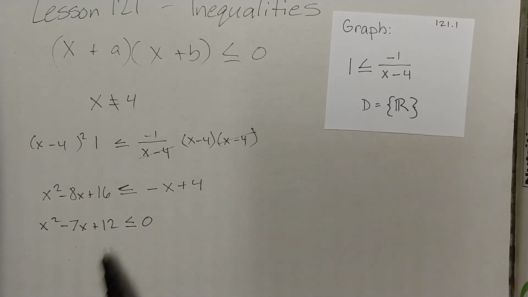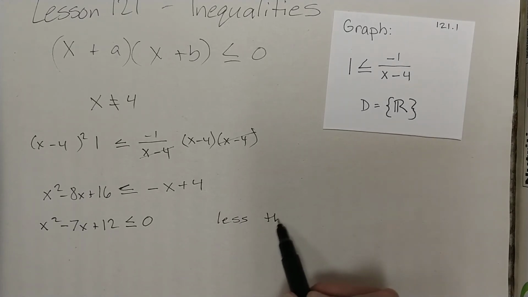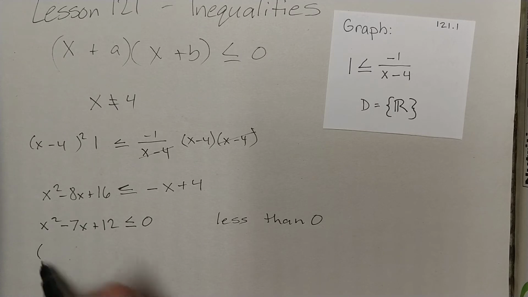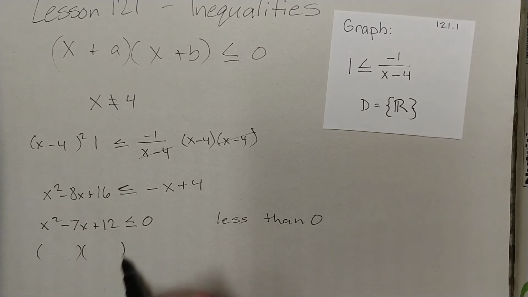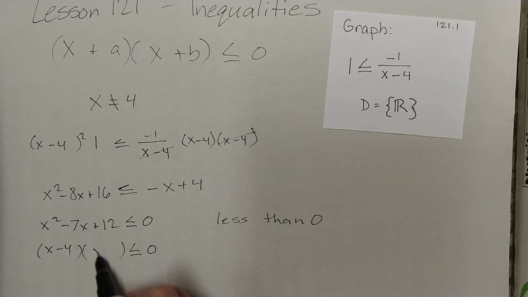Here we have an inequality that is less than 0. Let's factor this out. We're going to get x minus 4 and x minus 3 as our factors.